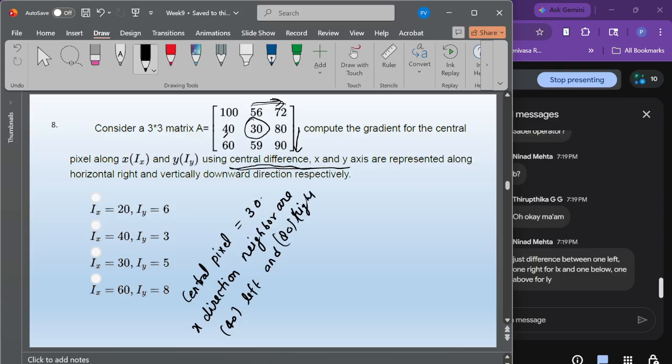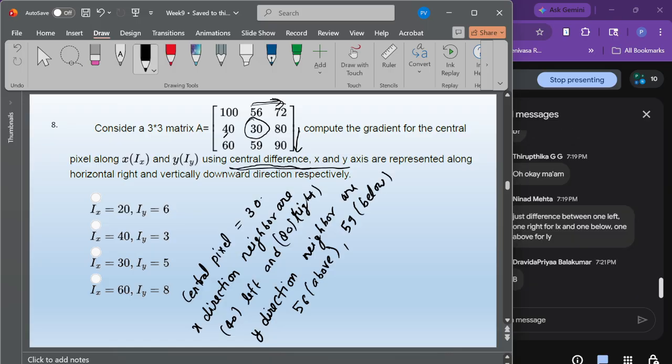Similarly, in the y direction, what are the neighbors? The y direction neighbors are 56 above the central pixel and 59 below the central pixel, right? These are the four neighbors on the left, right, above and below.